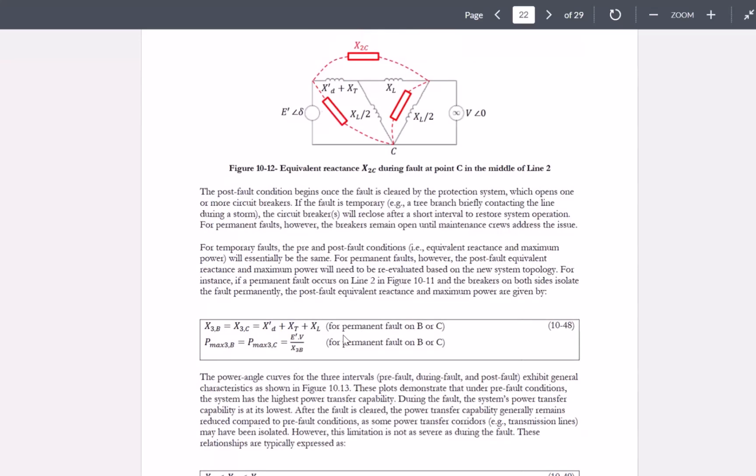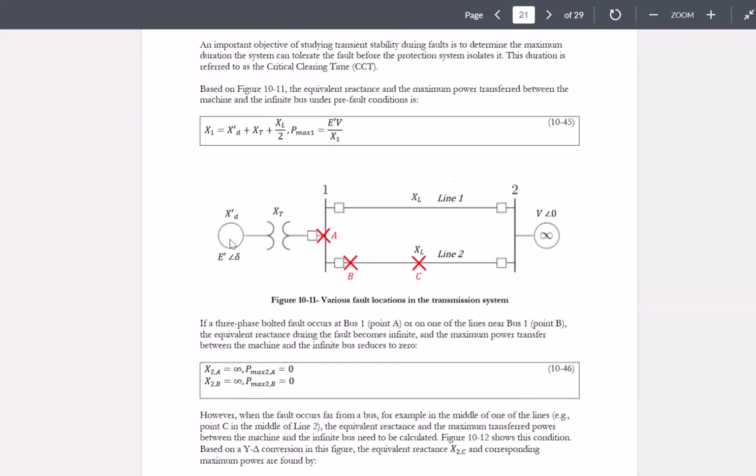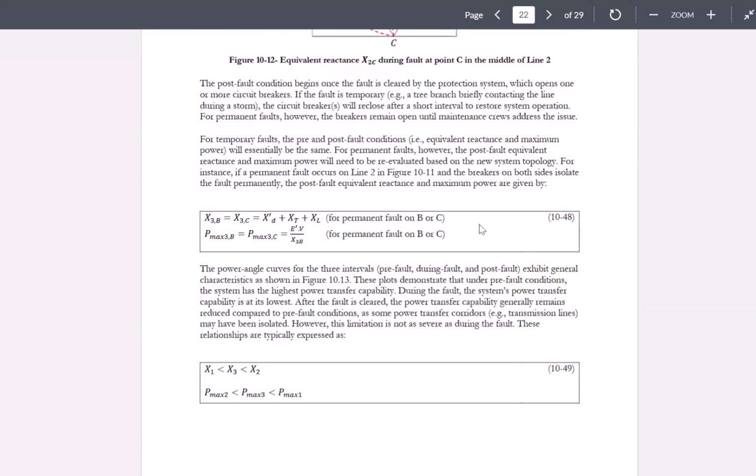But if the fault is permanent, then you would see X3 equal to X prime D plus XT plus XL, because this line 2 has gone out, right? So keep that in mind. So this gives you that.